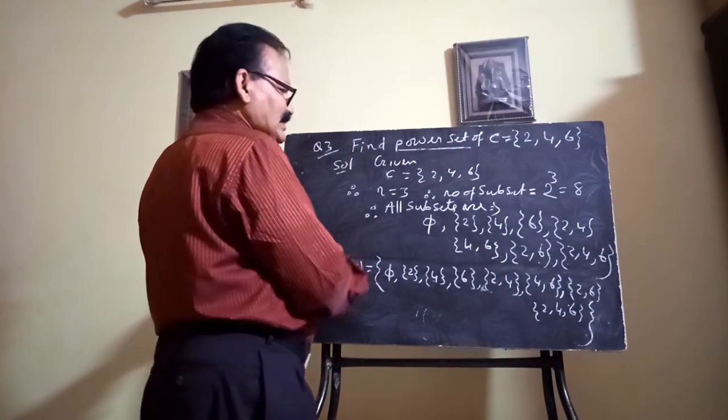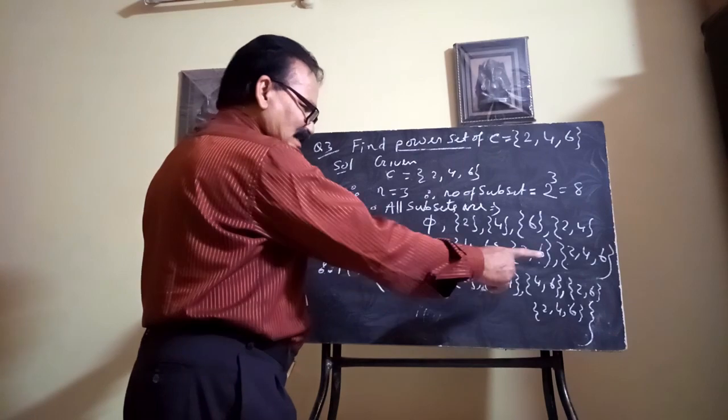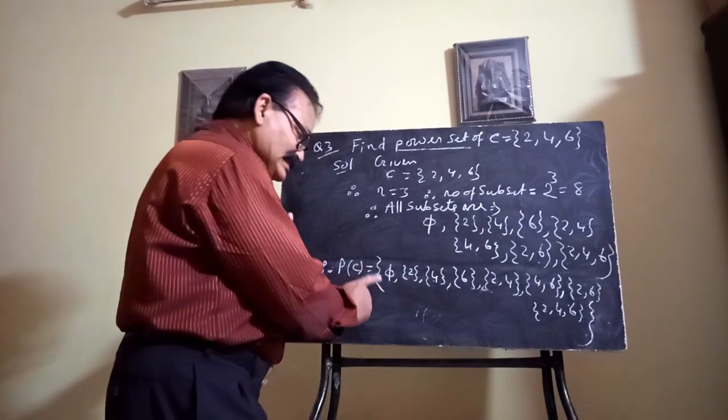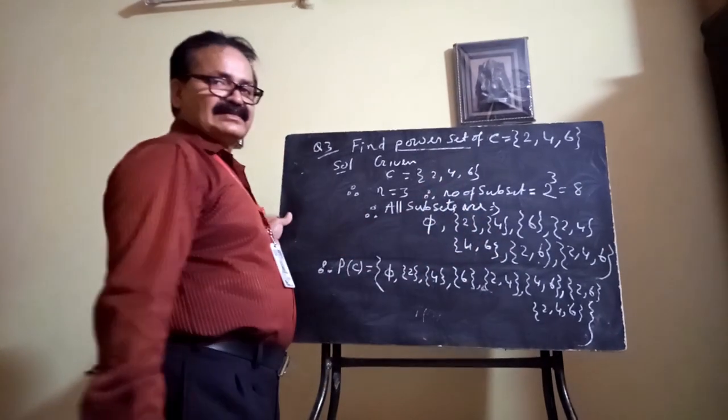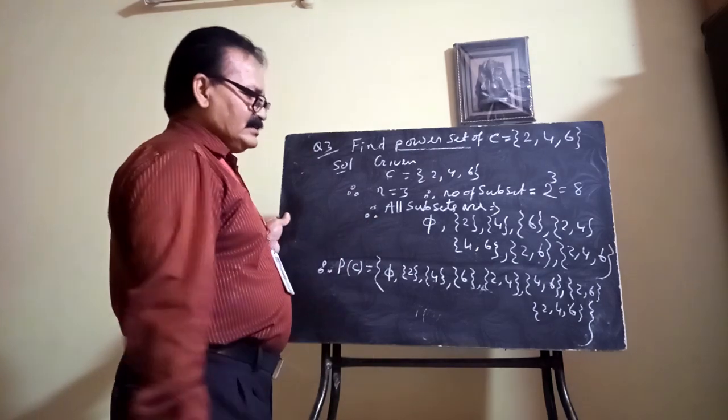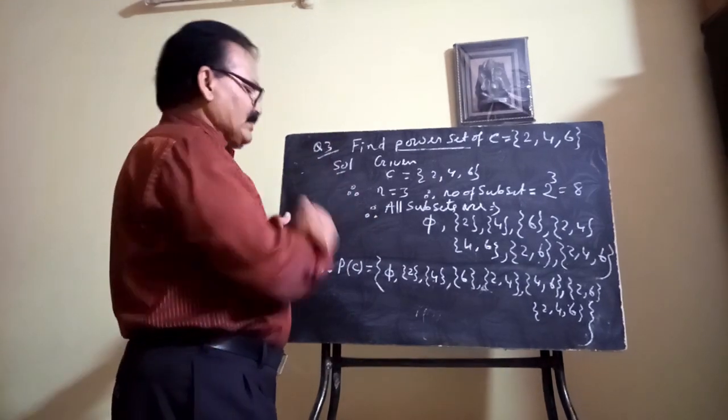So the power set of C is the set of subsets of the given set. Clear? So this is all about your power set.